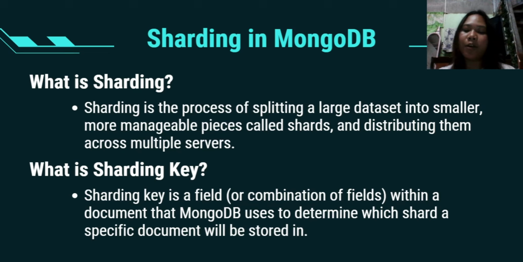For example, if you are sharding a student database, a common shard key could be, di ba, student ID. MongoDB will use this field to determine where each student record is stored, ensuring that records are spread evenly across shards.